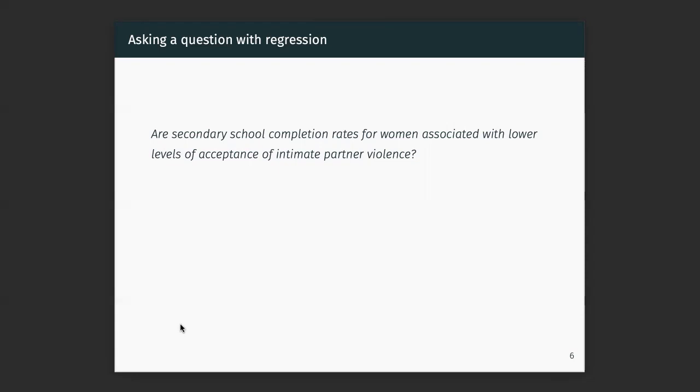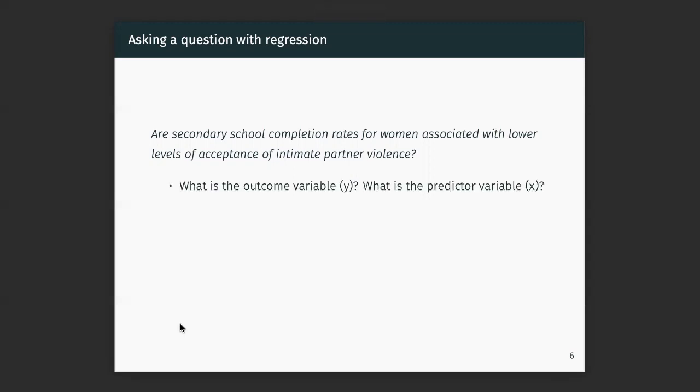So we take a simple version of a feminist theory of social power and apply that to this question to imagine a linear model. We imagine that there's a positive relationship between schooling and women's power that will be reflected in toleration for intimate partner violence, right? And so once we have that linear model in our head, we can think about a regression.